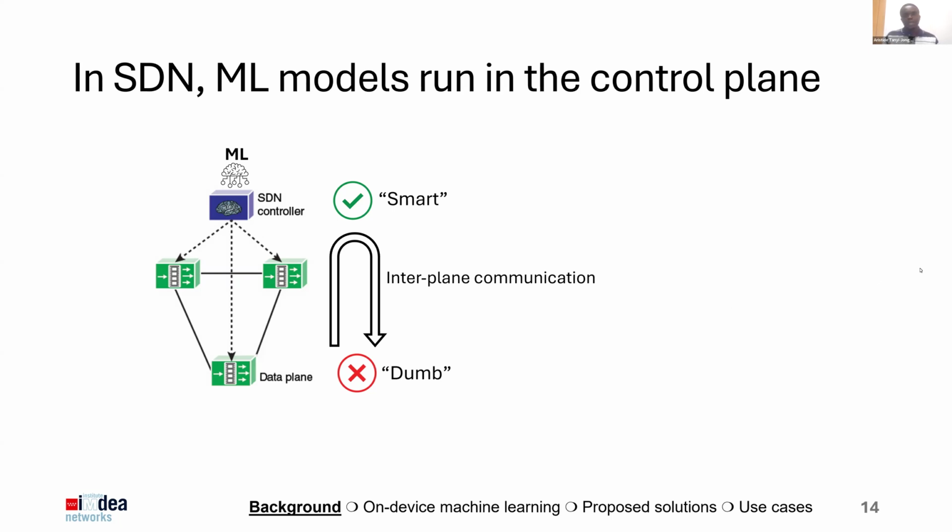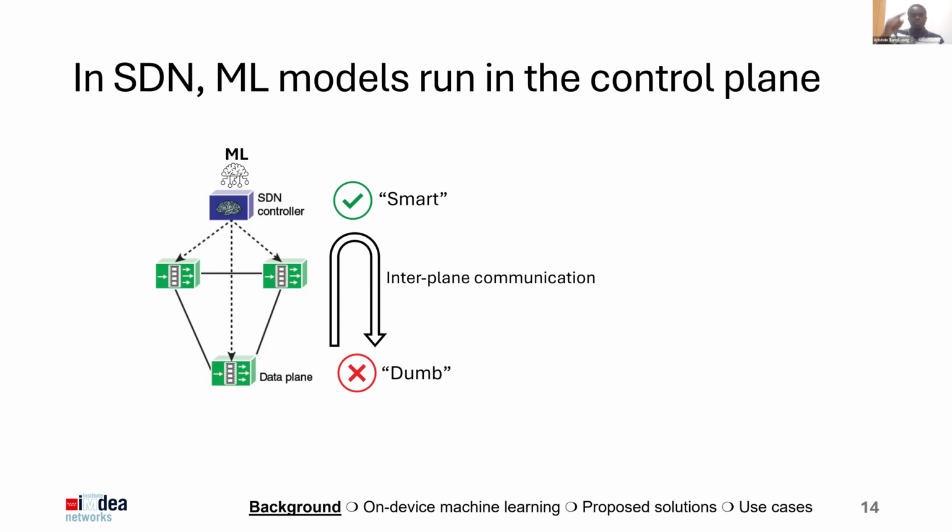Like I was saying, to allow the control plane to run the machine learning model in real time, we want some communication between the control plane and the data plane, because the data is going through the data plane continuously, and the control plane is trying to run real-time classification on the data going through. So the only way it can do this is if it has some kind of real-time communication with the data plane.